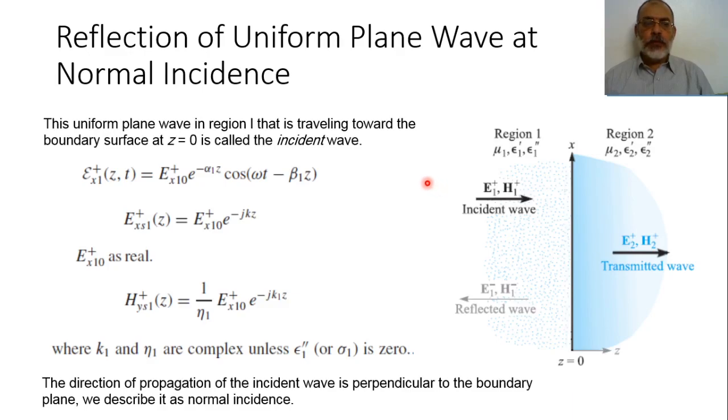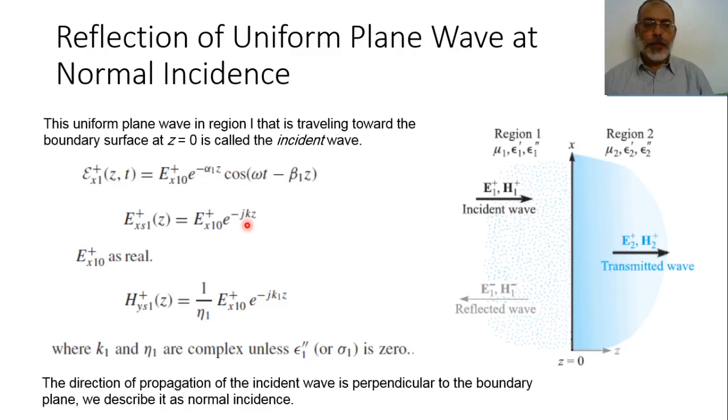In phasor form, we can say that the phasor of the electric field is the amplitude Ex10 multiplied by e to the power minus alpha z multiplied by e to the power minus j beta 1 z. Or briefly, e to the power minus j k1 z, where k1 is beta minus j alpha.